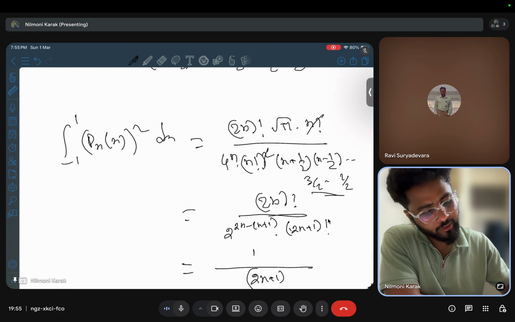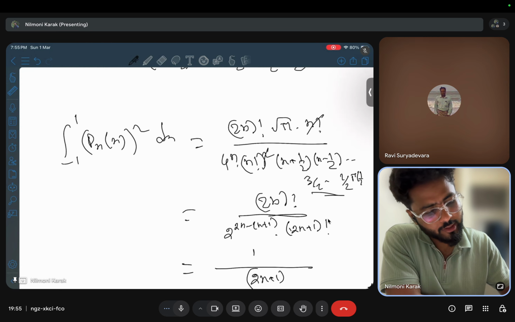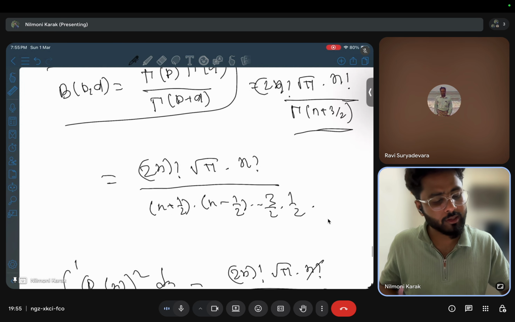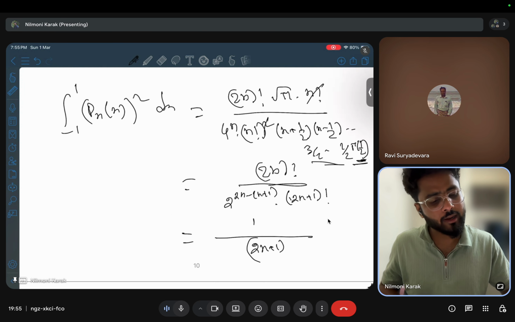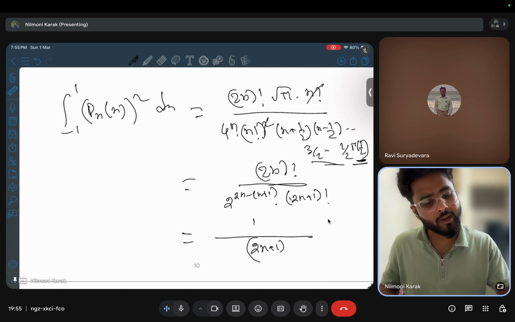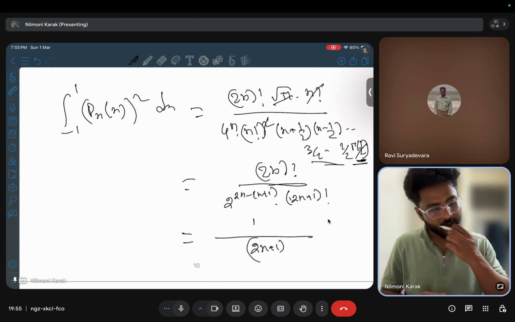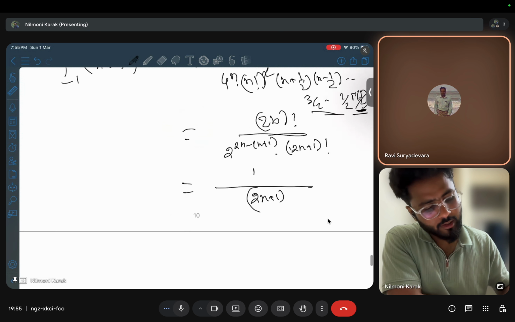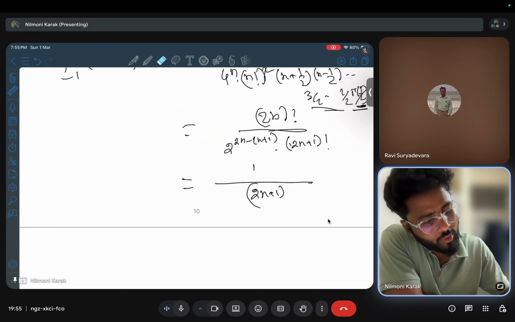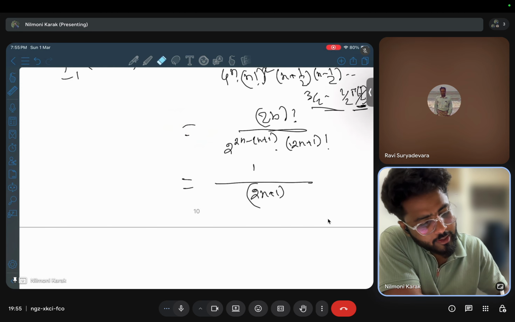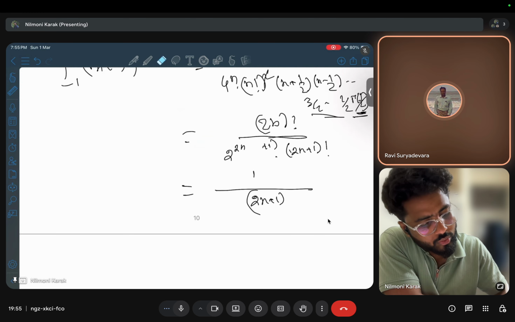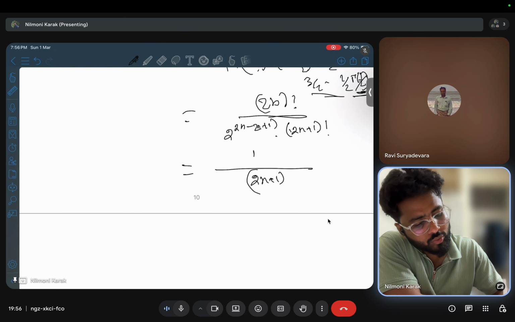So gamma half is also there. When you are splitting gamma of n plus 3 by 2, at the end there is gamma half. So gamma half equals root pi, and this cancels. And 2n plus 1, and this is 2 to the power inverse.